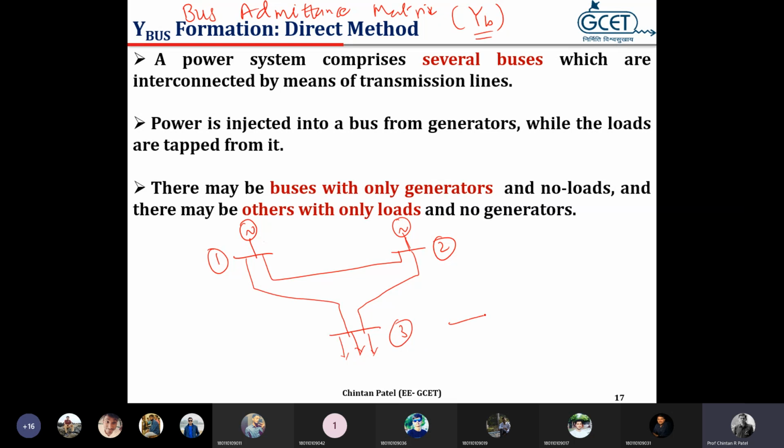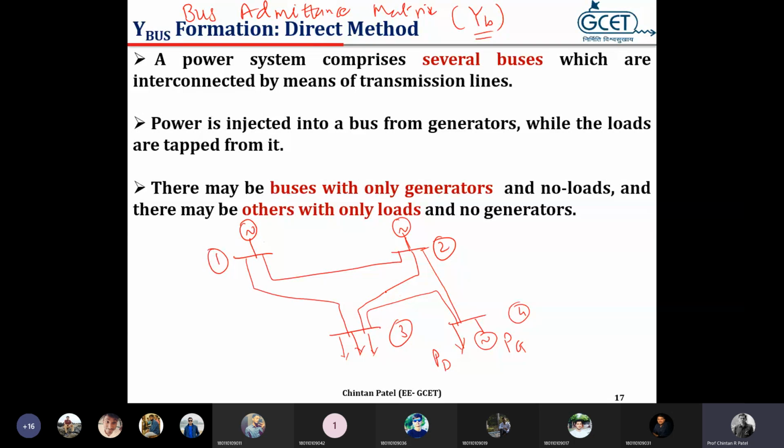Now let's assume there exists a bus number 4 where this is the connection. At bus number 4, a generator as well as a load is connected. So let's assume PG is the active power generation at bus number 4, whereas PD is the power demand at the same bus.